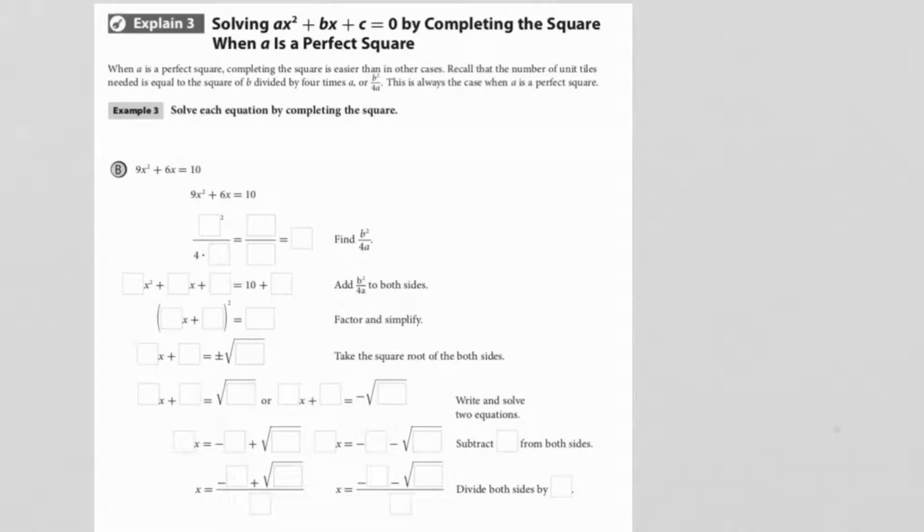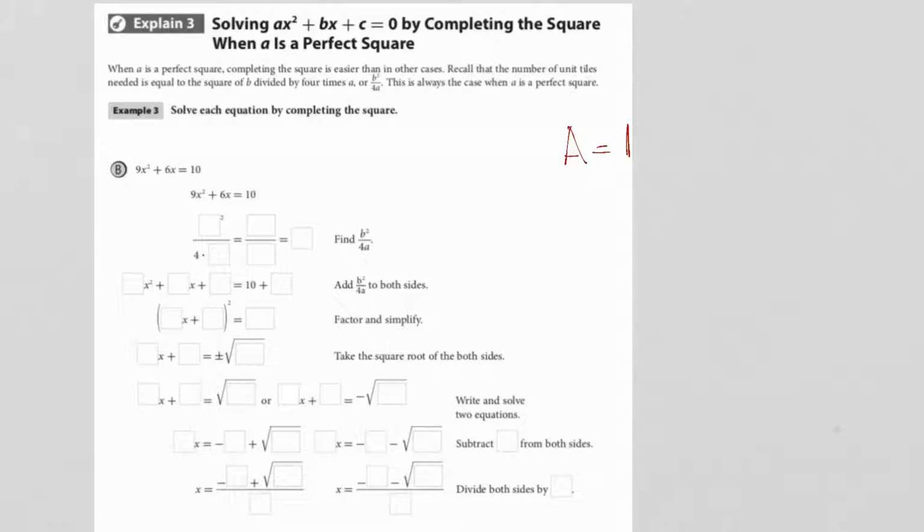So the first part of completing the square that we did in, I guess, 9.2 part 1 of the notes, was a condition where a was equal to 1. But a doesn't always equal 1, right?